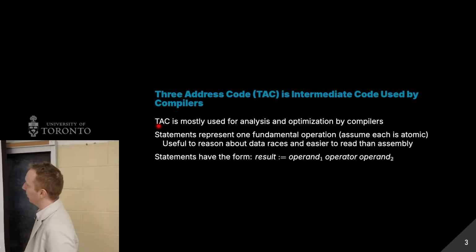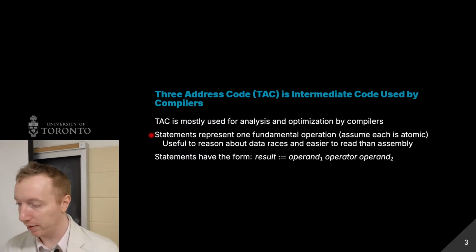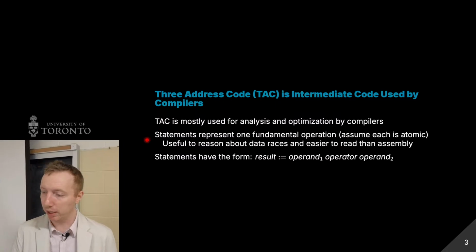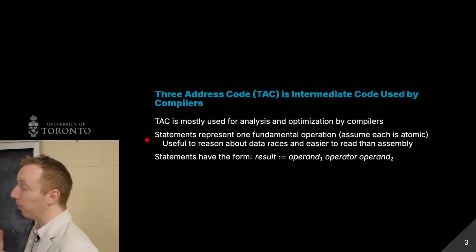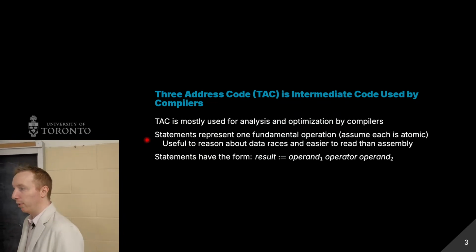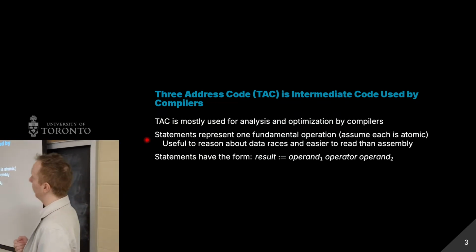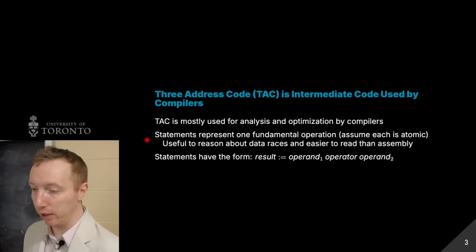So 3-address code is, again, mostly used for analysis and optimization internally by compilers. The statements are simplified. They represent one fundamental operation. For the purposes of this course, we'll assume each of the operations is atomic.